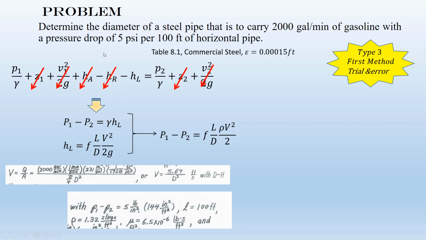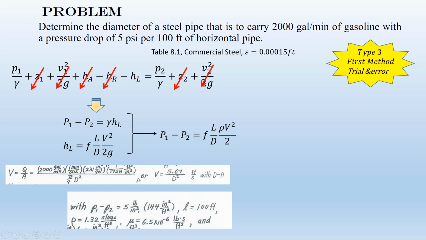What you need to do is convert this pressure drop to pound per square feet, because right now this is psi, pound per square inch. If you convert it to pound per square feet, you have the density, you have the mu.